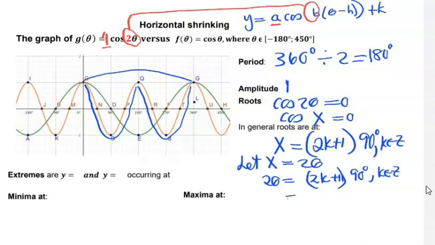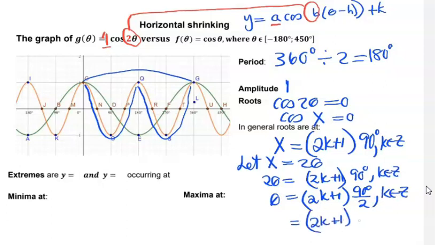So that means that we will have 2k plus 1, and then divide by 2, so the theta is then like that, which gives us 2k plus 1 times 45 degrees, where k is an element of z.